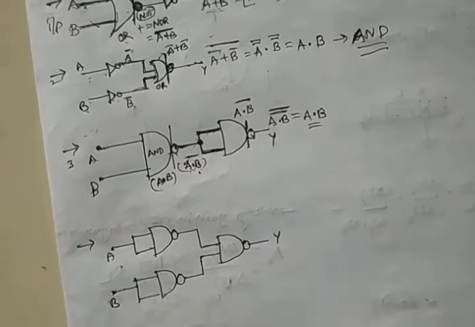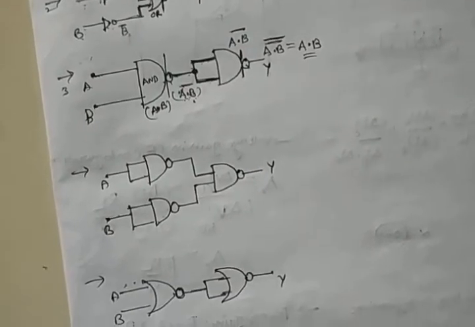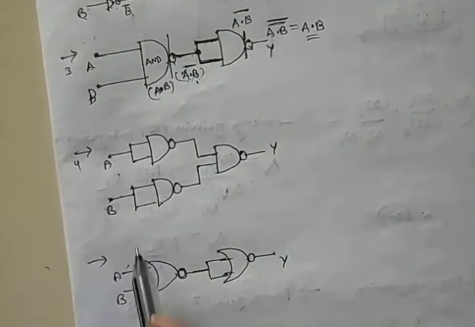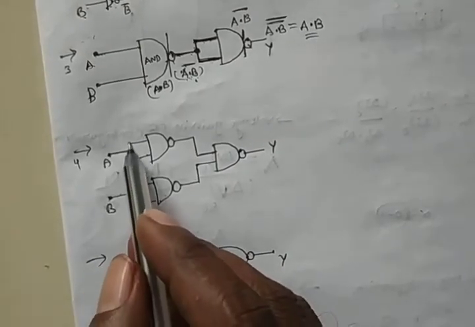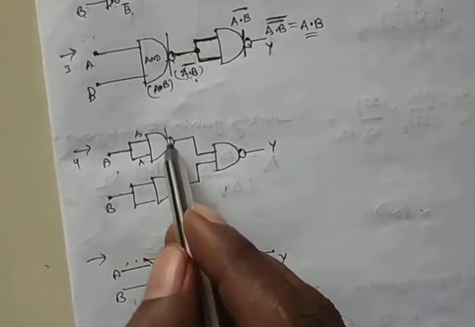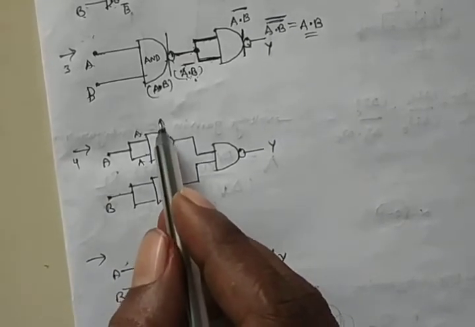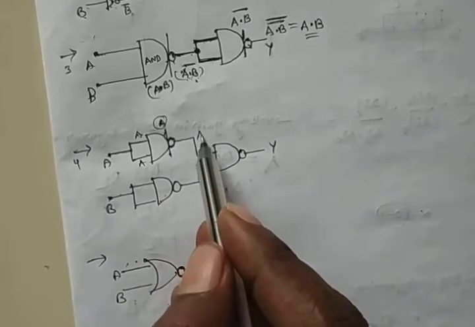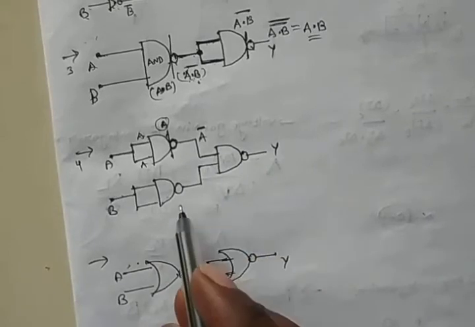Okay. Next. So observe this circuit. This is A, means up to this now A. This is also A. Up to this the output will come as A. Again this circle behaves as NOT. Then you will get A bar.